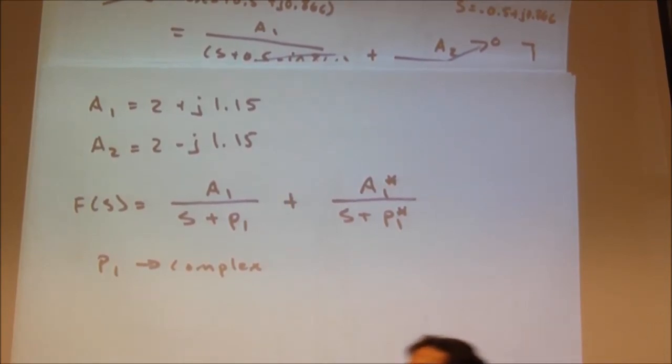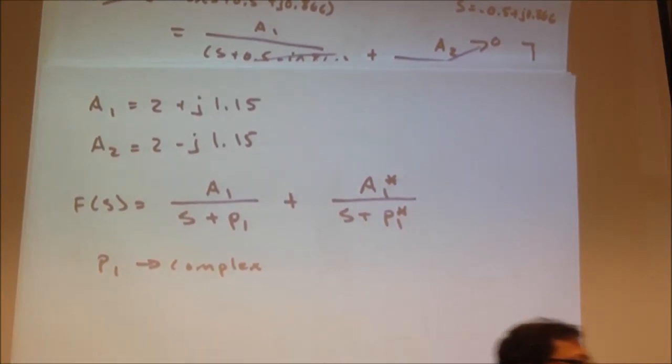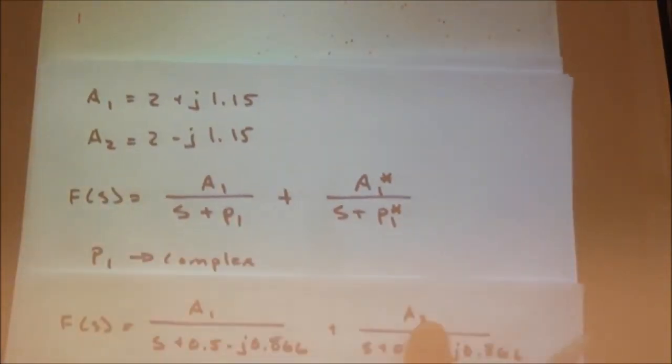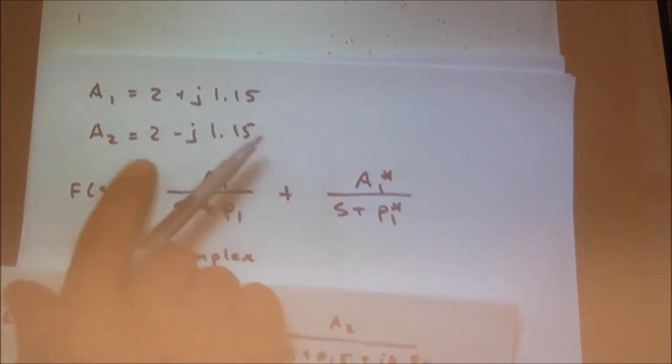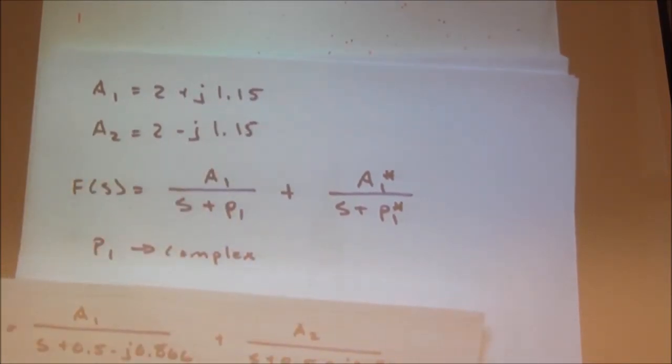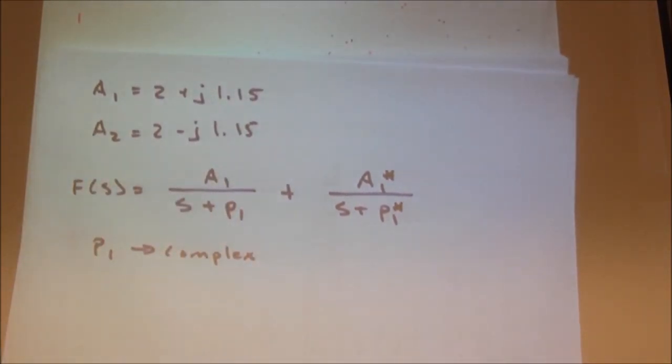So once you've found one of the coefficients, you know both the coefficients. So we don't have to go through and do the cover-up rule for both of them. We only need to do it for one. And then by default, we have found the complex conjugate pair, and we can take advantage of that.